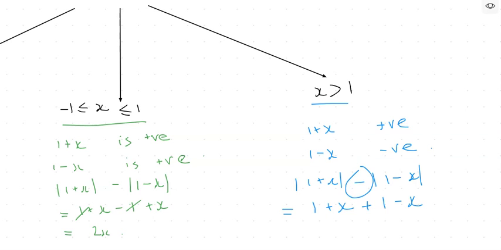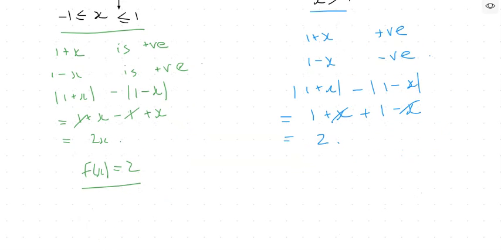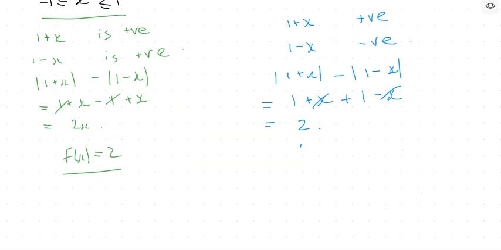Yeah, flip this sign here. So the x's cancel, and it gives me 2. So f of x in this region is 2 over x.